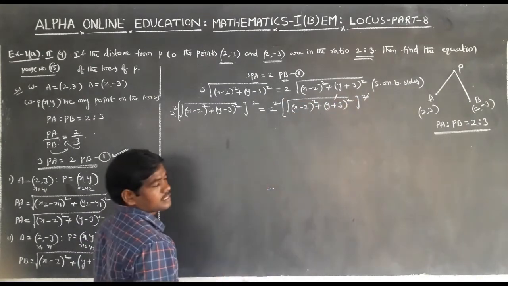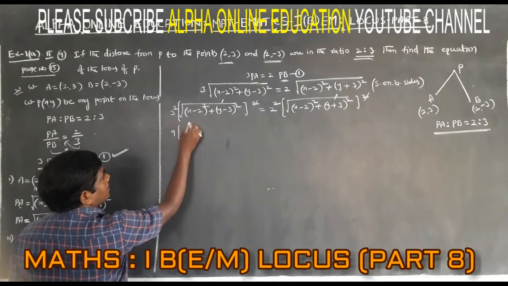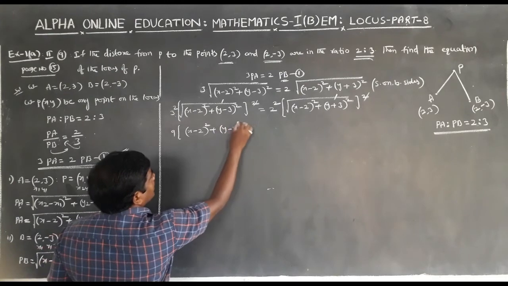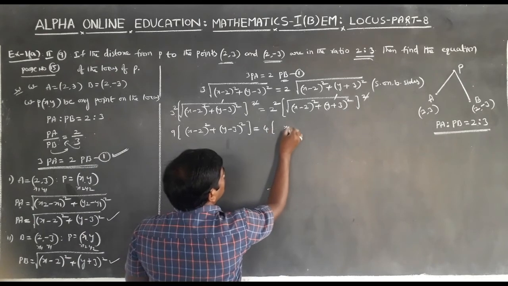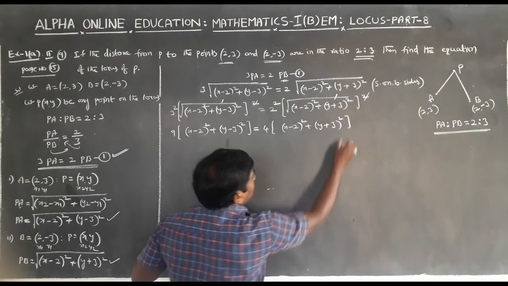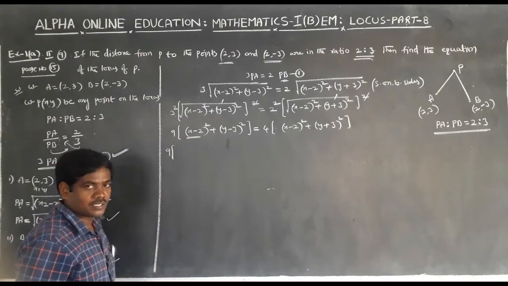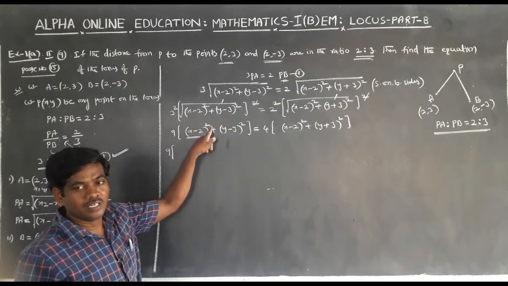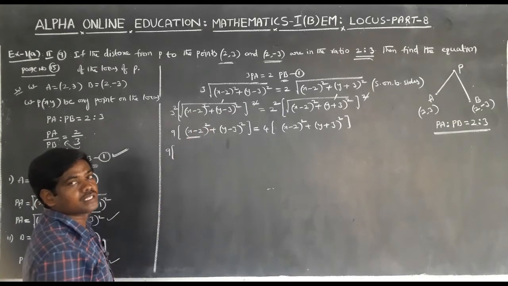Square root cancel. 3 square, 9 into ((x minus 2) whole square plus (y minus 3) whole square) is equal to 4 into ((x minus 2) whole square plus (y plus 3) whole square). 9 into, by using (x minus 2) whole square, by using the formula (a minus b) whole square is equal to a square plus b square minus 2ab.